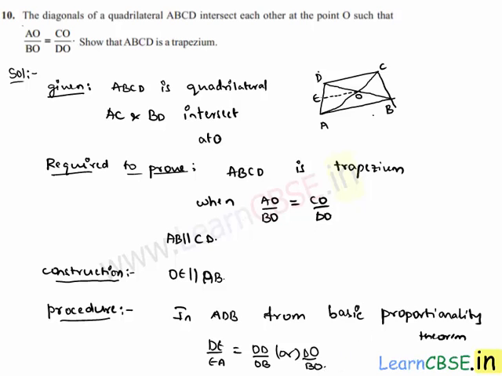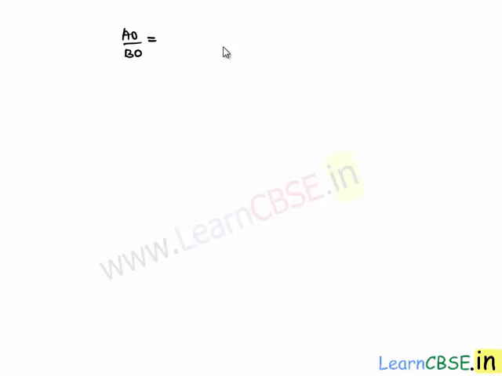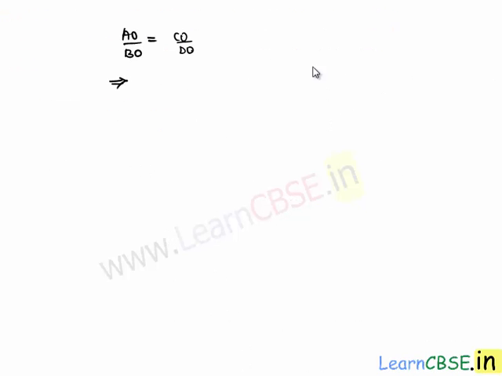Now, if we consider the given statement that AO by BO is equal to CO by DO, which implies this can be written in the form DO by BO is equal to CO by AO.